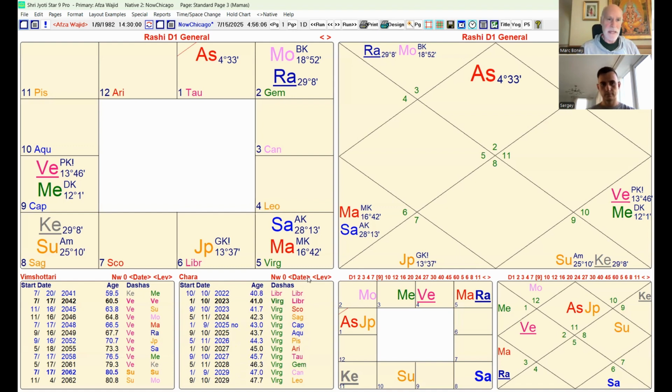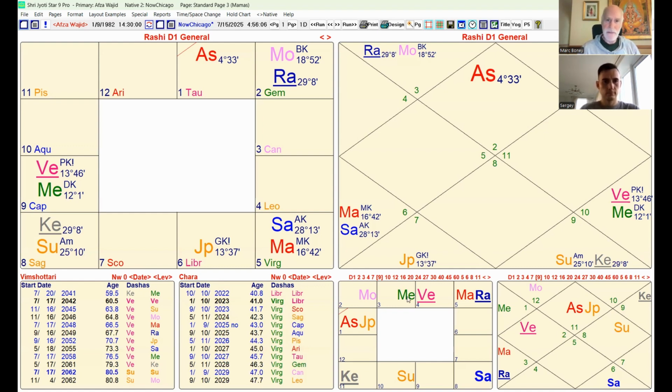And we talked about last time that one of the ways to predict marriage is when a person is running a sign containing the DK, the Dara Karaka, the planet with the fewest degrees, or from where the Dara Karaka falls seventh, either in the birth chart or in Navamsha. So it can be seen here that her DK, the planet with the fewest degrees, is Mercury.